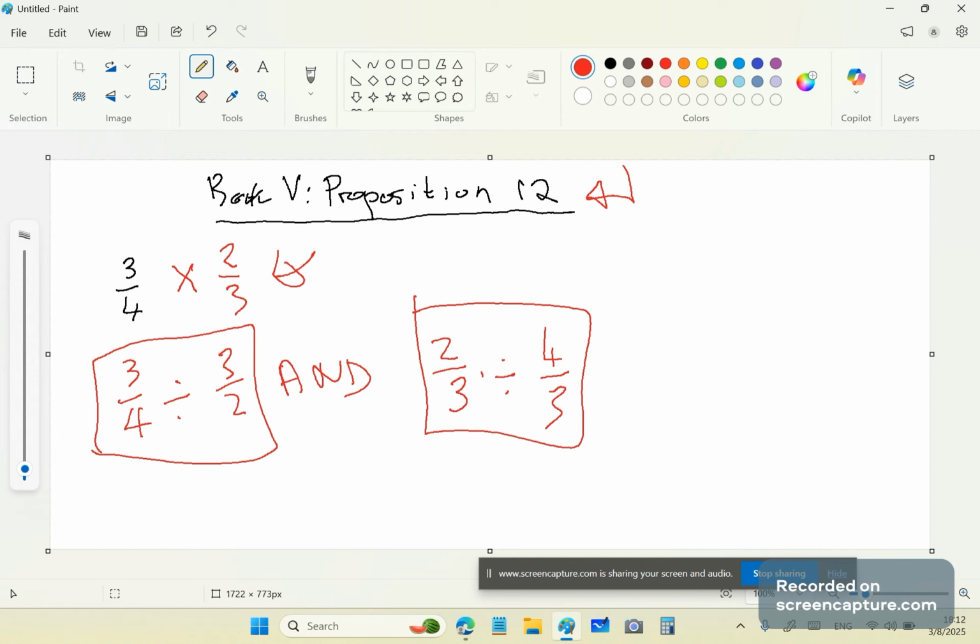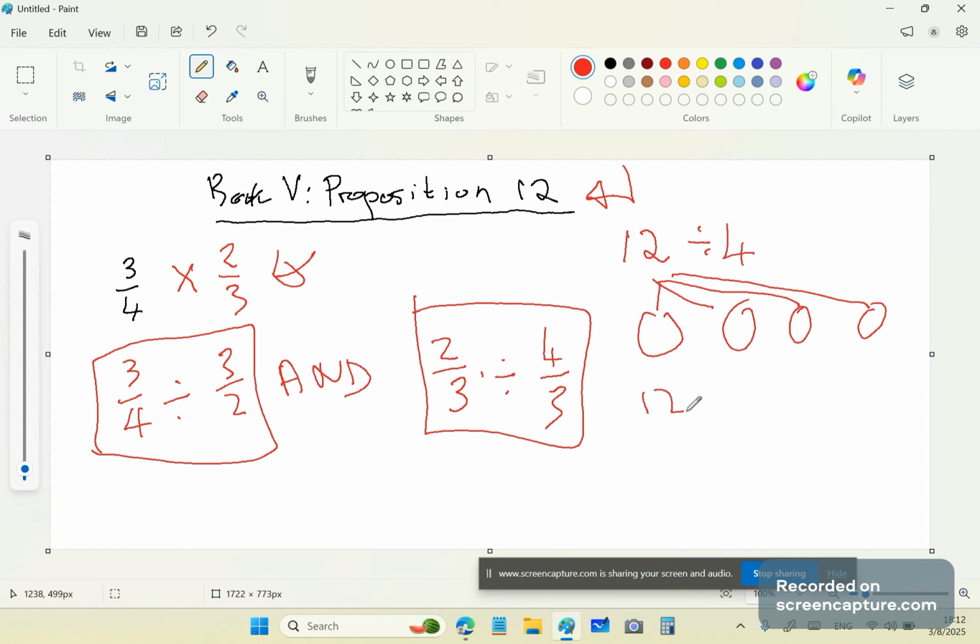So basically, if we say 12 divided by 4, what that means is we don't have four groups like this and equally distribute. That's a stupid concept. It's very difficult to do, especially if you have fractions. Imagine if you had something like 12 over 5 divided by 7 over 19.